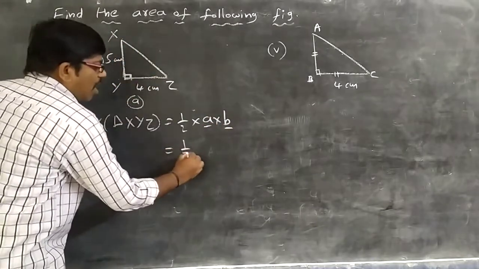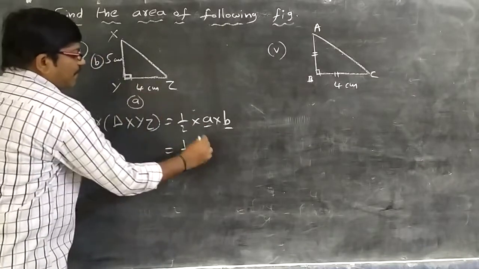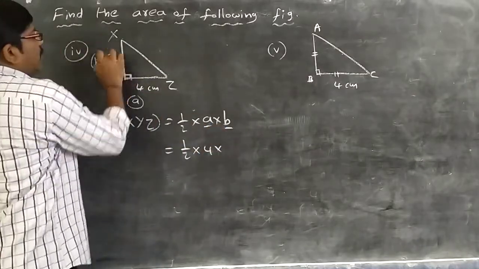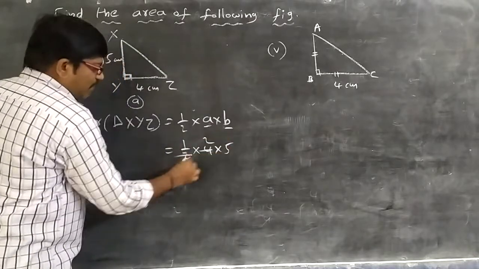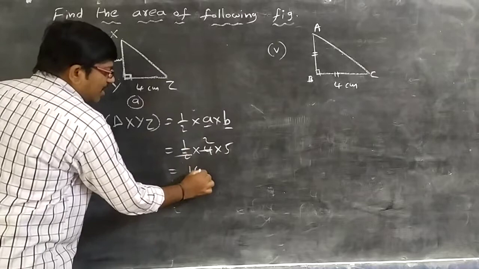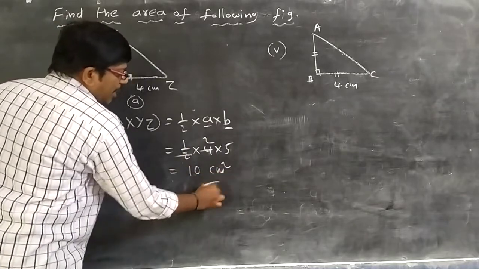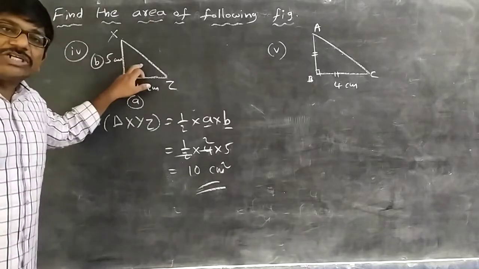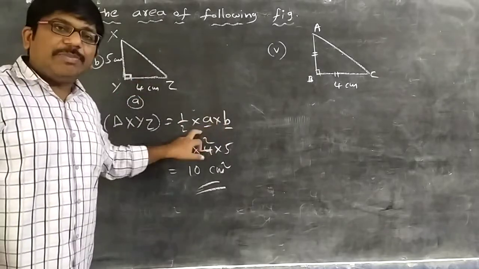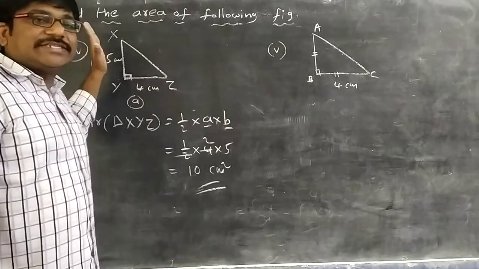That is equal to half into A value which is 4 into B which is 5. Right? 2 ones are 2, 2 twos are 4, 5 twos are 10 centimeters square or square centimeters, right? So the area of a right angle triangle is half into AB, where A and B are perpendicular sides.